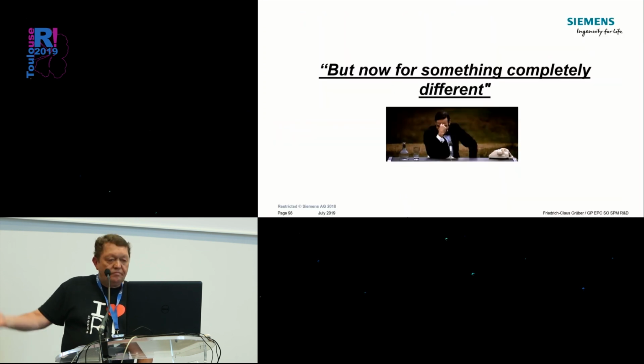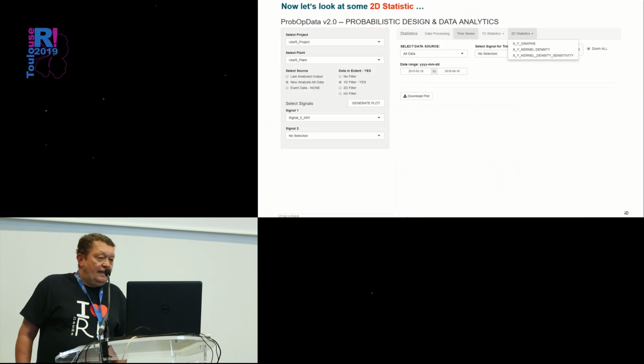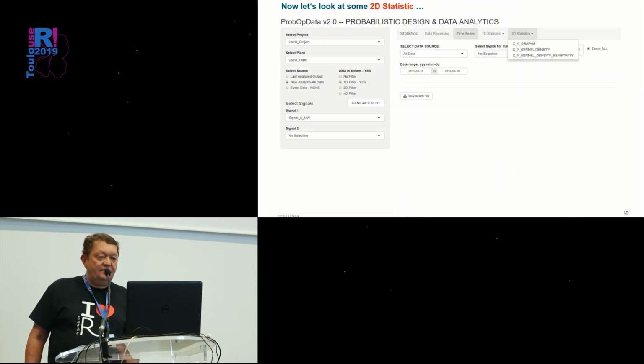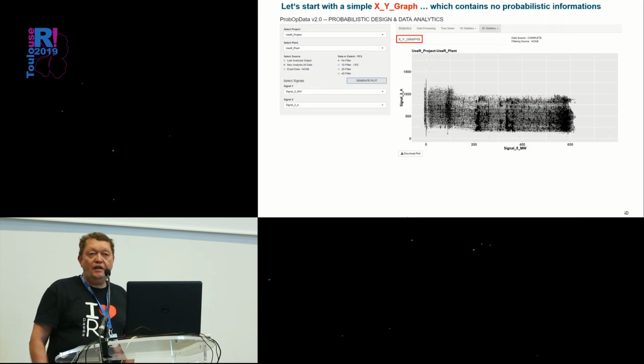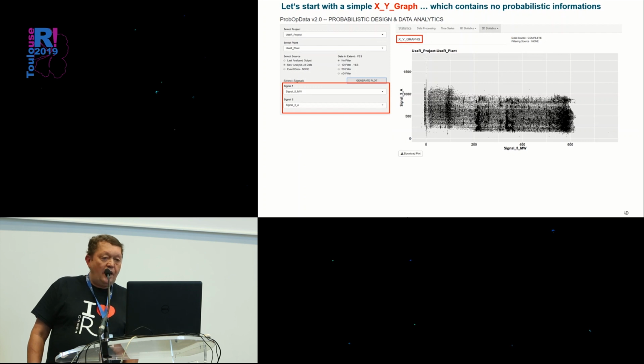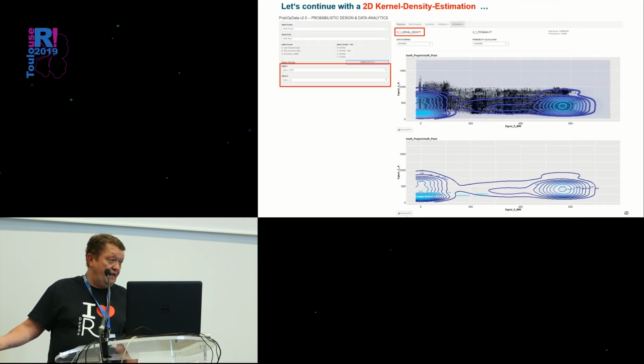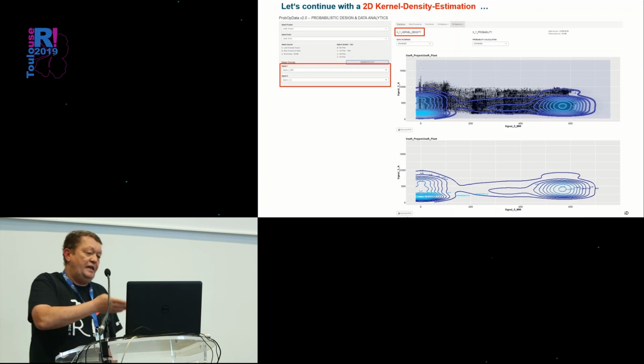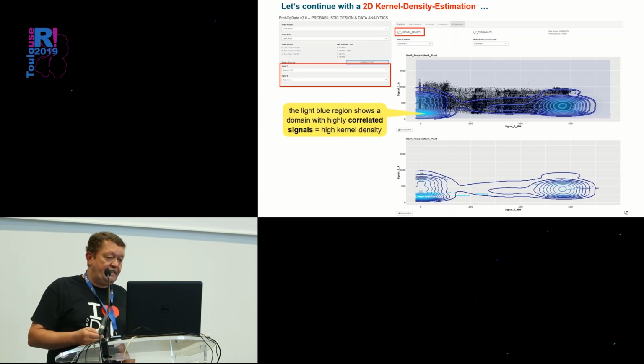And now for something completely different again. Let's go to 2D statistics. We have started with some easy ones, XY graphs, known, but they have no statistical information. That's why we use kernel density estimation. Kernel density estimation is based on a Gaussian kernel in this case.